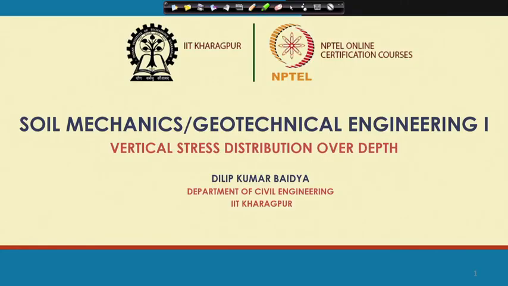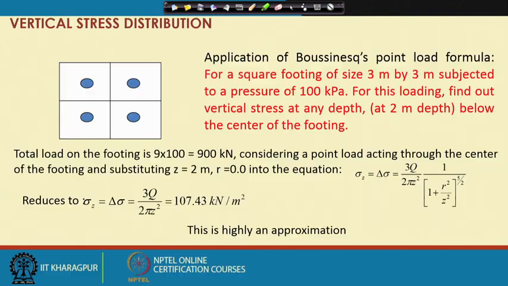Let me consider a square foundation. You can ignore these dots and also those lines.